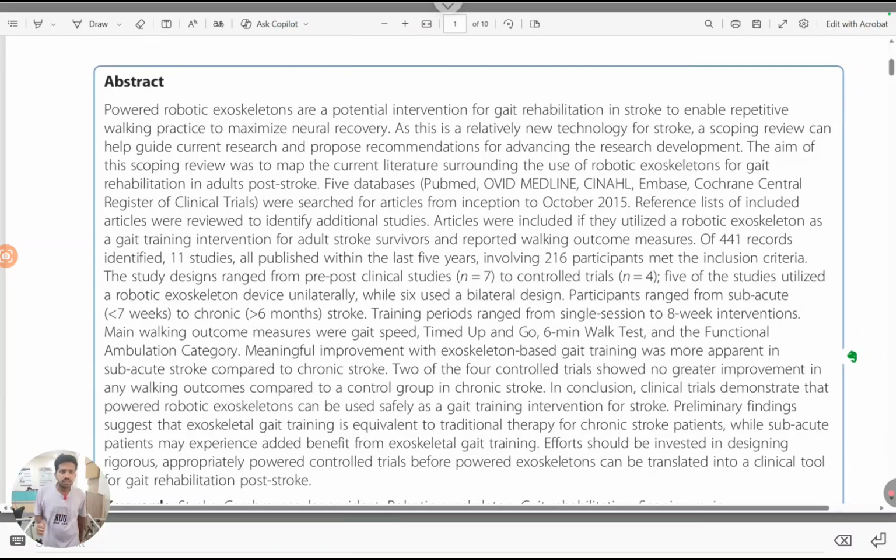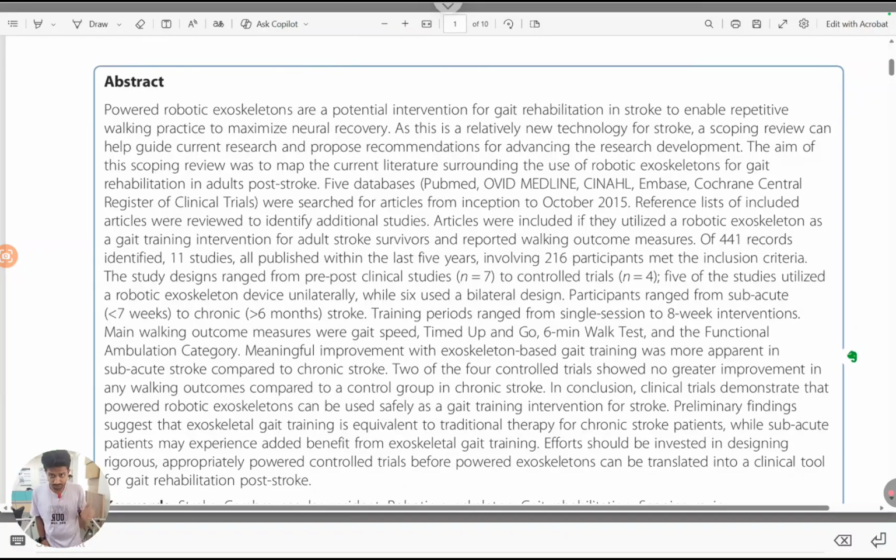Articles were included if they utilized a robotic exoskeleton as a gait training intervention for adult stroke survivors and reported walking outcome measures. Of 441 records identified, 11 studies, all published within 5 years, involving 216 participants, met the inclusion criteria. The study designs ranged from pre-post clinical studies, where the smallest n is equal to 7, to controlled trials, where the smallest n is equal to 4.